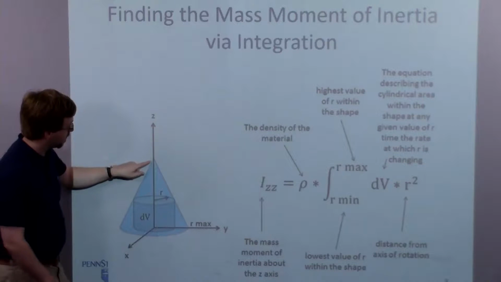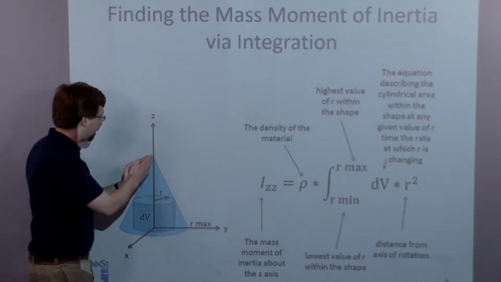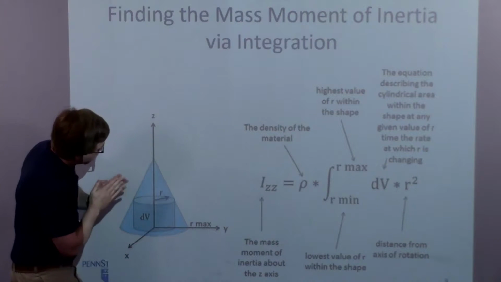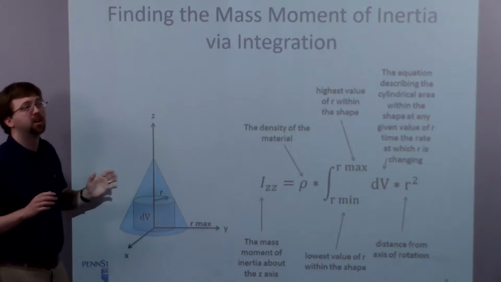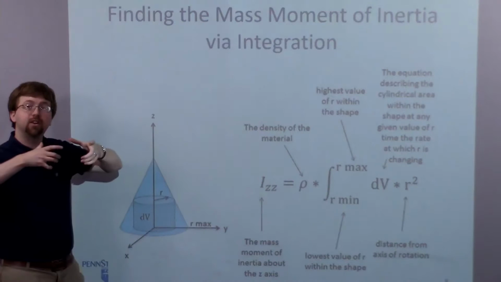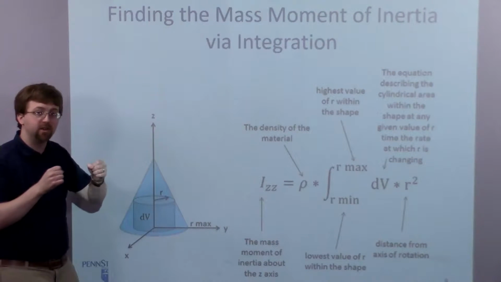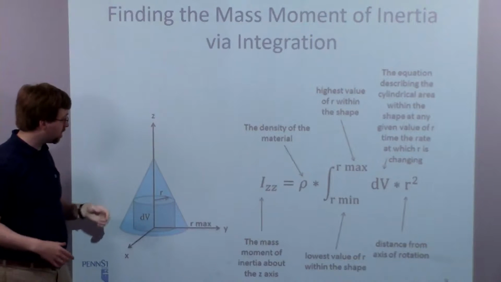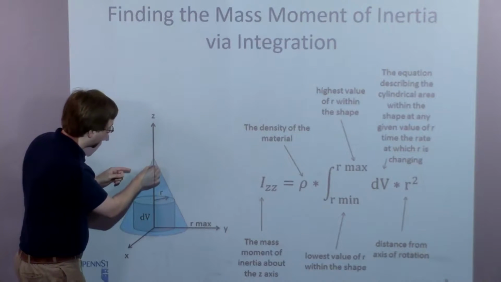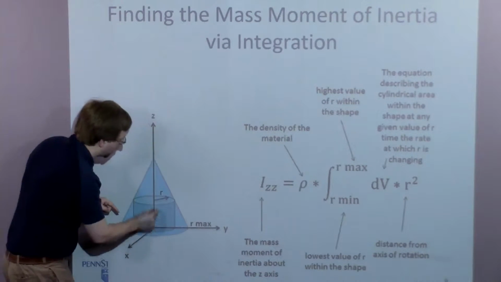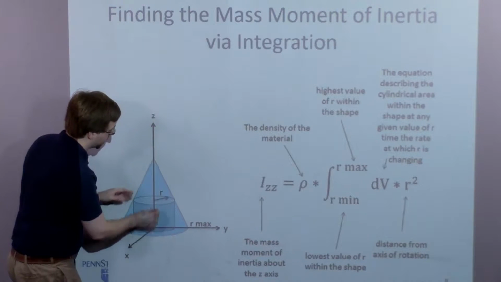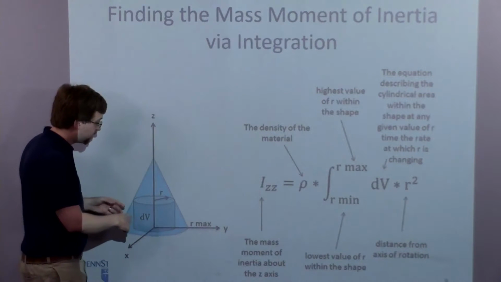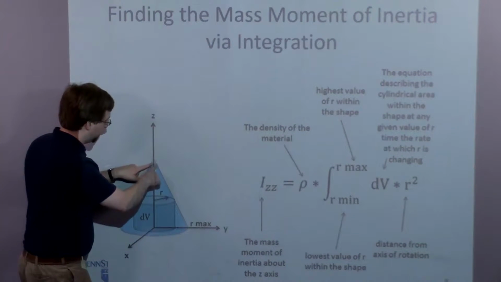So with something like this cone, if you start thinking about r equals 0 and move out, you've got a cylinder that's expanding. And so the circumference and the diameter of the cylinder is increasing as we increase r. But with this cone, we start with a very tall, skinny cylinder, and as we move out, not only does the diameter increase, but also the height is decreasing.